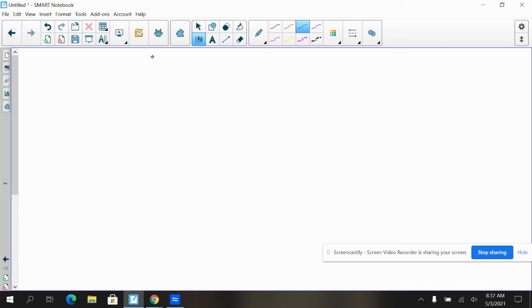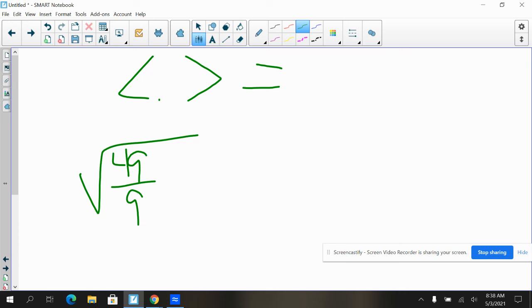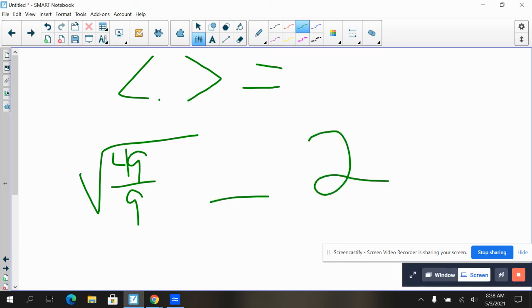All right, and now we get to our inequalities. So we have a radical 49 divided by 9. Is that greater than, less than, or equal to 2?